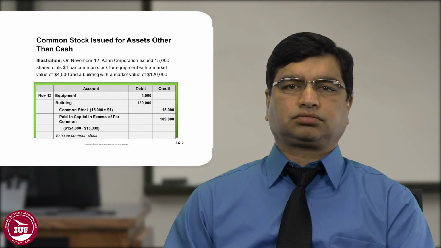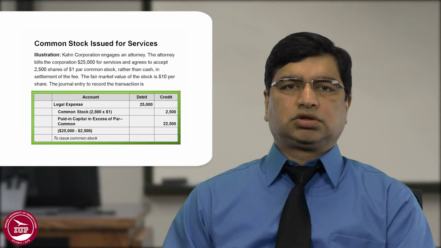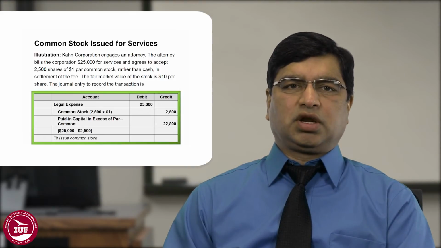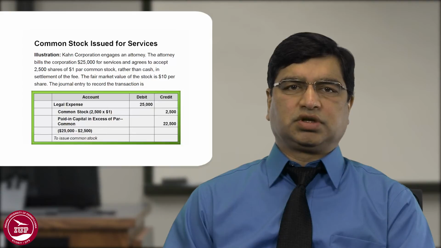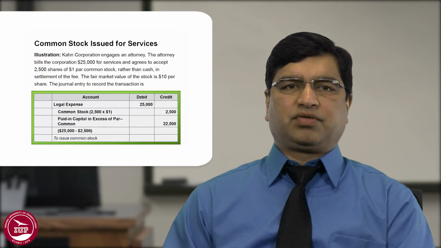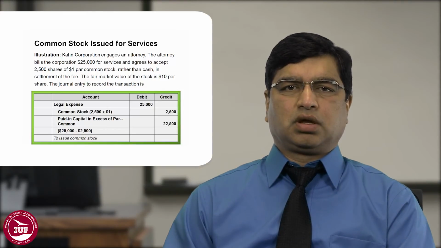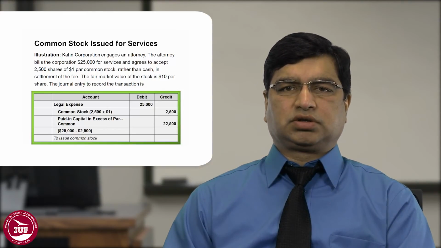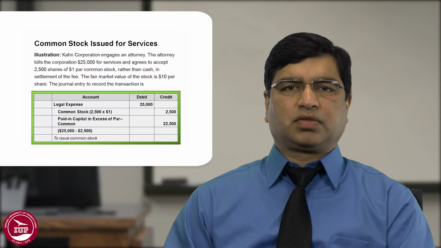Similarly, we can issue common stock for services. In this case, you've got to pay some legal expenses worth $25,000 with 2,500 shares of common stock with $1 par value. The fair market value is $10 per share.